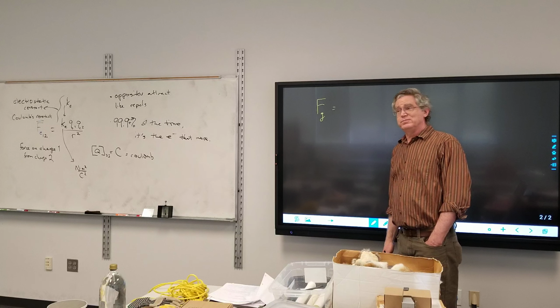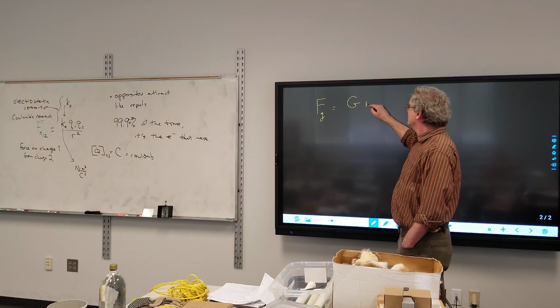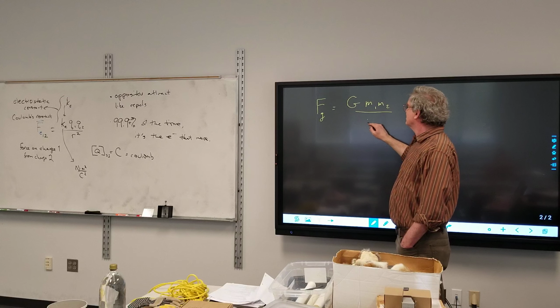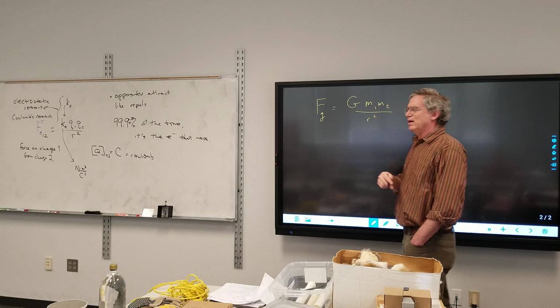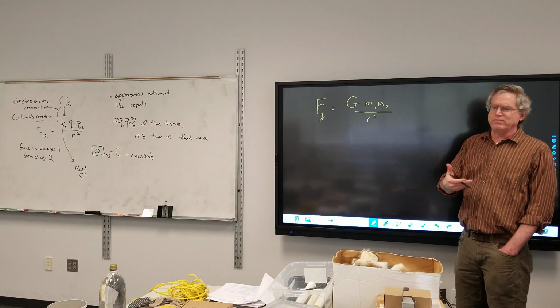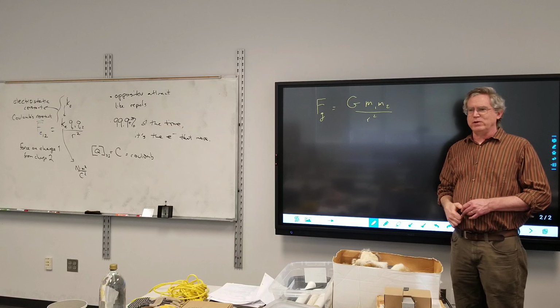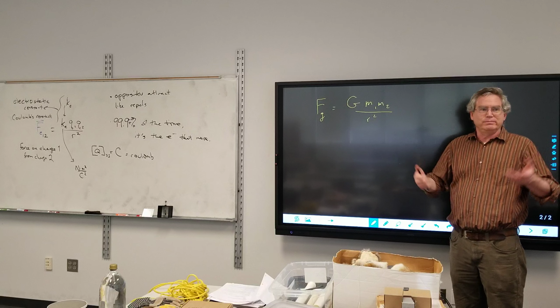Generalized, K G times M1 times M2 over R squared. Yep, there you go. mg you could consider generalized if you know what the value of little g is, but what is the acceleration due to gravity of the Earth relative to the sun? I would use this.